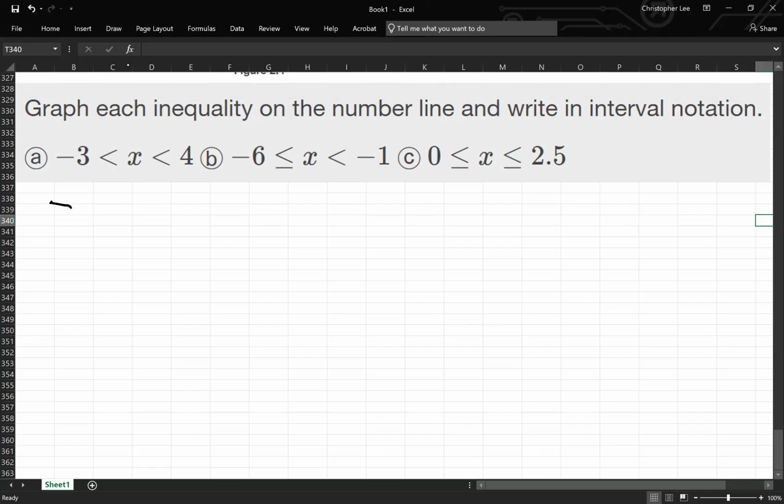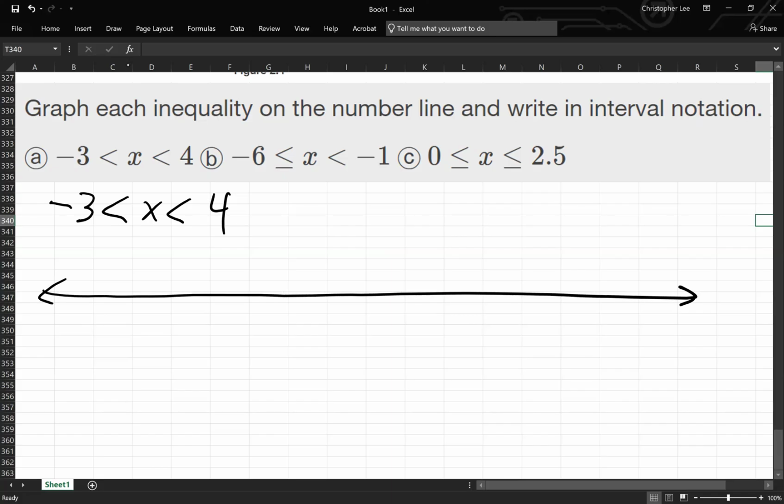So for A, I have -3 is less than x, which is less than 4, right? Now what I want to do, let's draw the number line. But I need both of these endpoints to be on the number line, so this graph is a little bit more challenging.